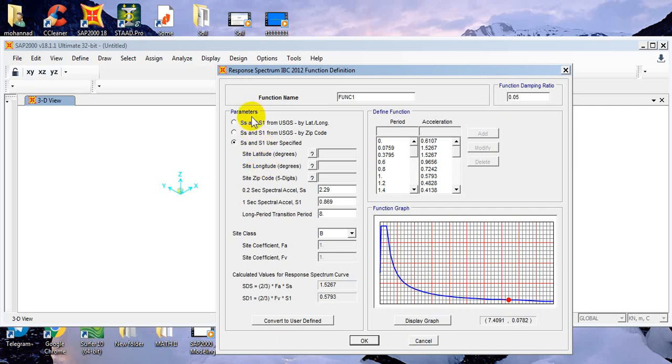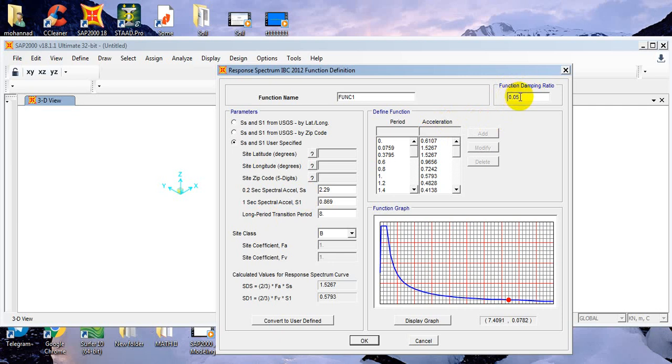Here are the parameters, and it is not for parameters only but also for site class. So it is related not only to location but also to site class or the soil. Here are two options for expressing site class. Also here we can use the function damping ratio.